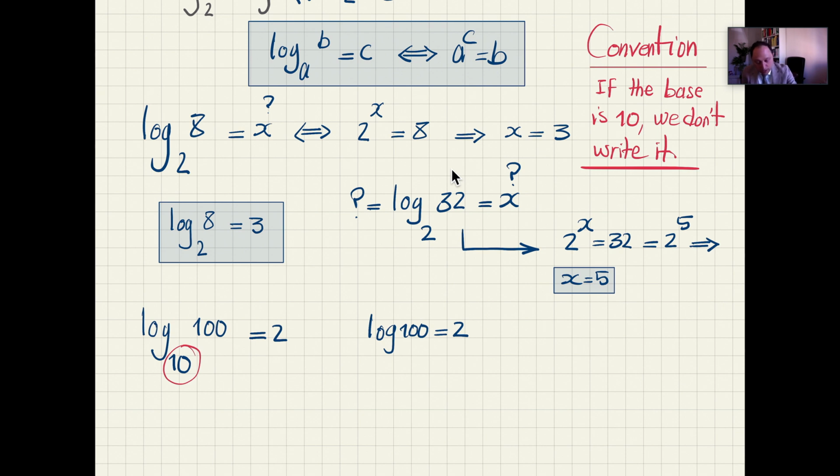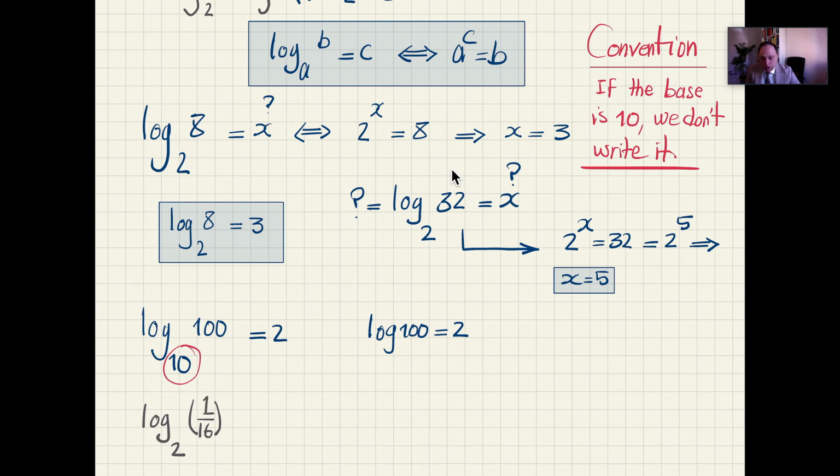Okay, now let me ask you one more question. So what is log of 1 over 16 in base 2? Please predict before calculation.